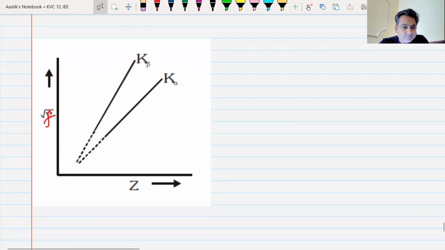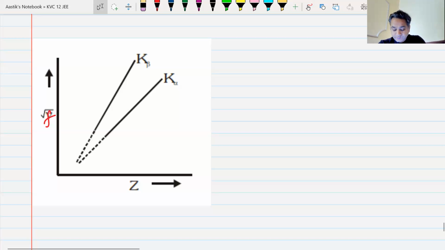Everyone has noted this down? Then comes this correction, Moseley's correction in Bohr's model.